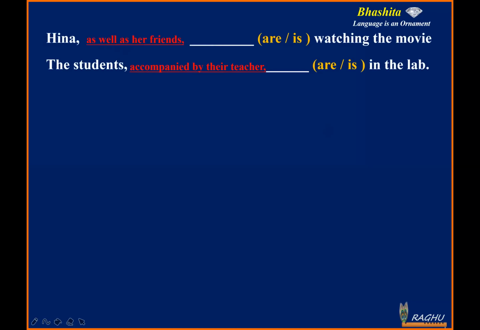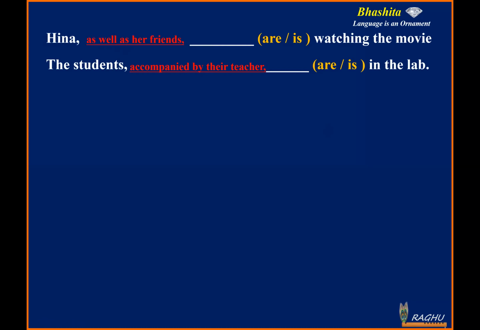Students, let us move on to the next rule. Let me display the sentences on the screen. Hina as well as her friends, the given options are is or are: watching the movie.